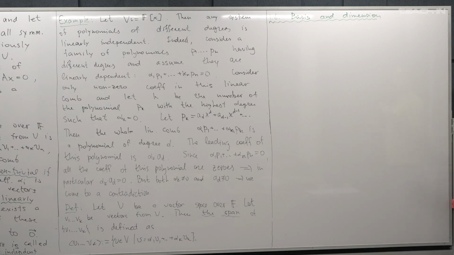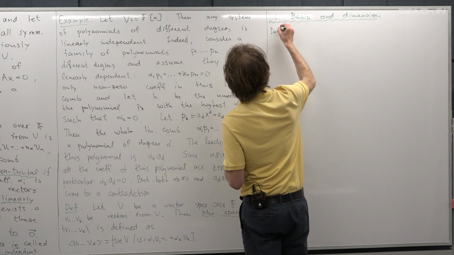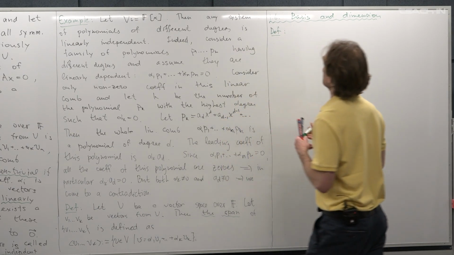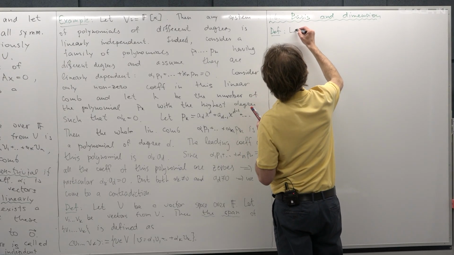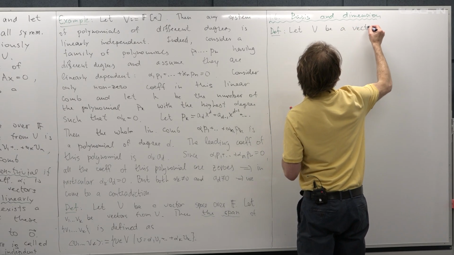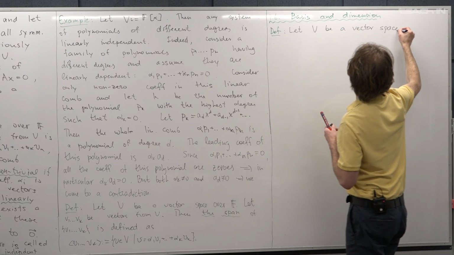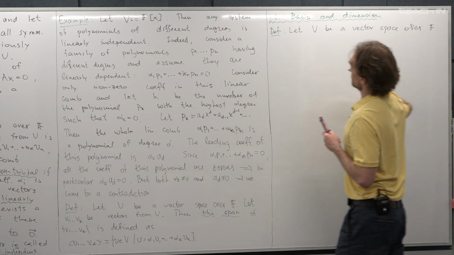These notions also can be extended to the case of an arbitrary vector space. Let us do this very briefly, because there is nothing new in fact. So let V be a vector space over the field F.